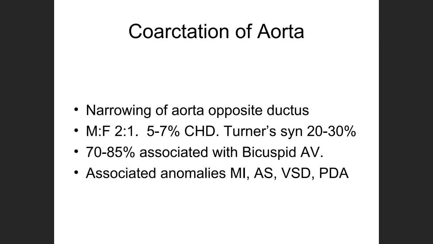It doesn't usually have much clinical significance in the pediatric age group, but has more significance in adults. If you suspect or find coarctation of the aorta, one should very carefully look for other defects such as mitral incompetence, aortic stenosis, ventricular septal defects, and patent ductus arteriosus.